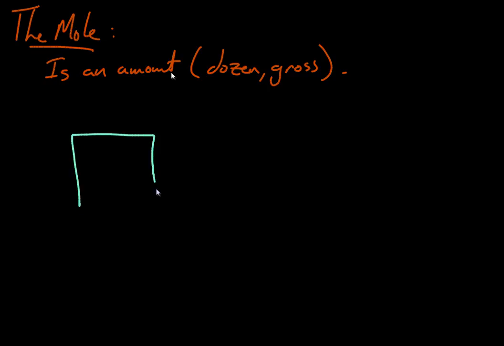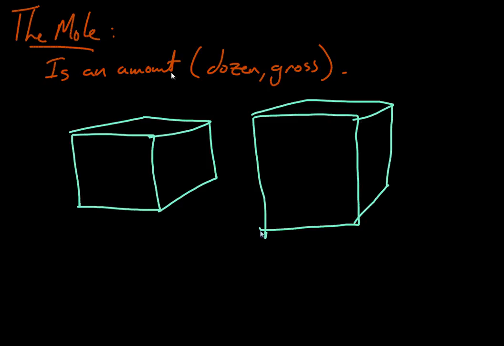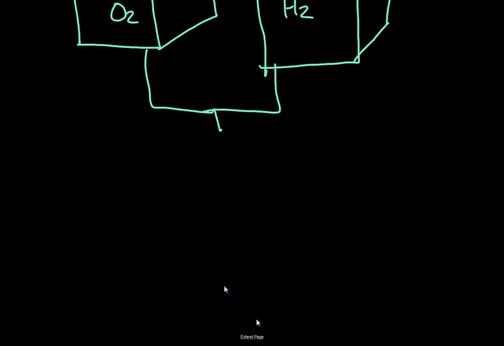So it turns out that in chemical reactions, you get this interesting relationship where, let's say that you have a chamber of H2, a chamber of O2, you mix them together, and you apply a little heat, get some flame, and out the other end you're going to get some droplets of water.